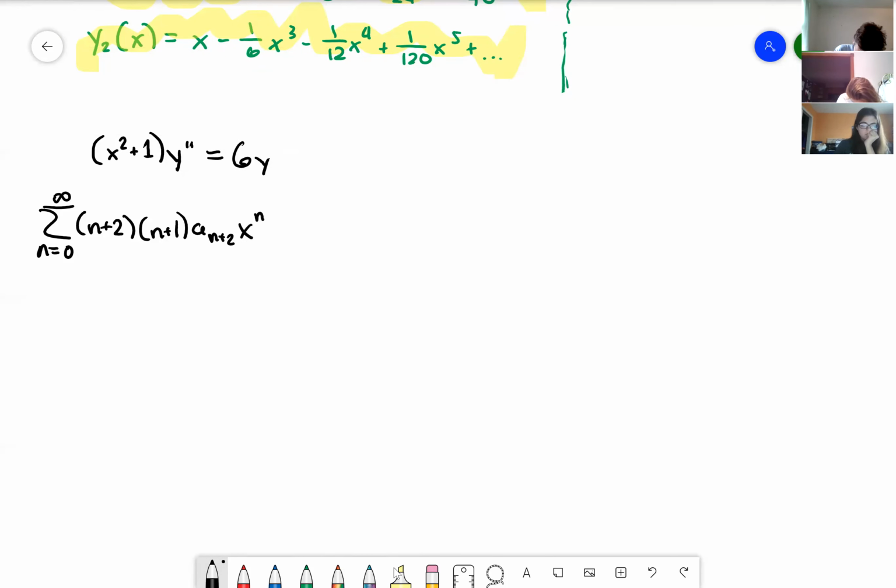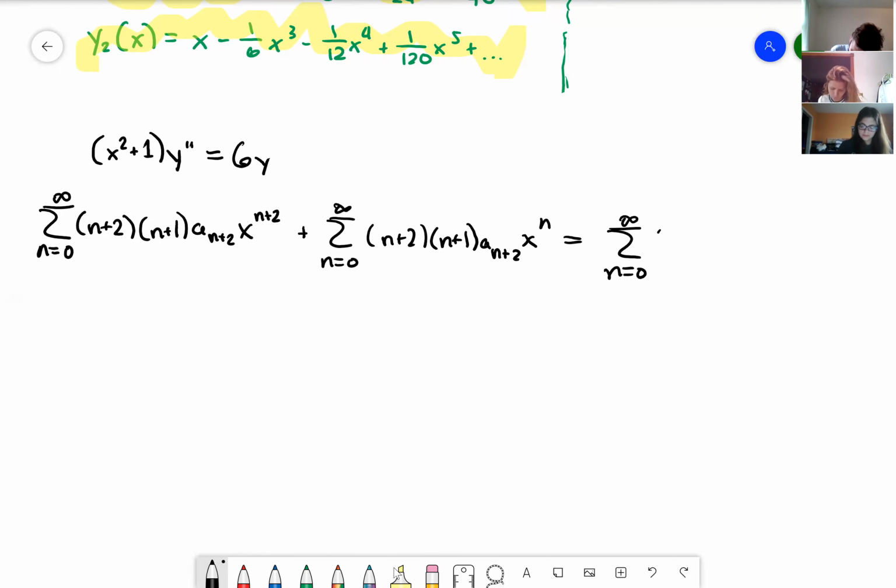Now the first one I'm going to do n plus 2 because of that x squared. And then I'm going to have the sum from n equals 0 to infinity, n plus 2, n plus 1, n plus 2, x to the n equals 6n x to the n. And now I only have one of them that I need to rewrite in my next step.